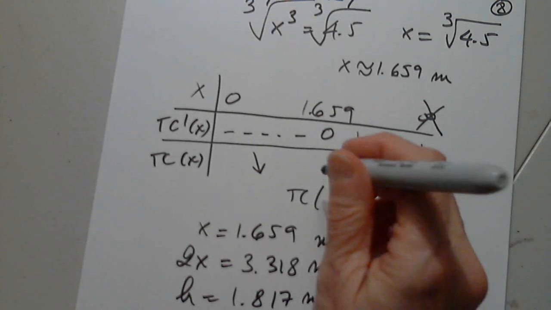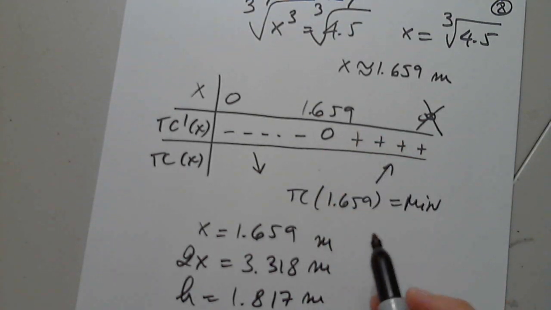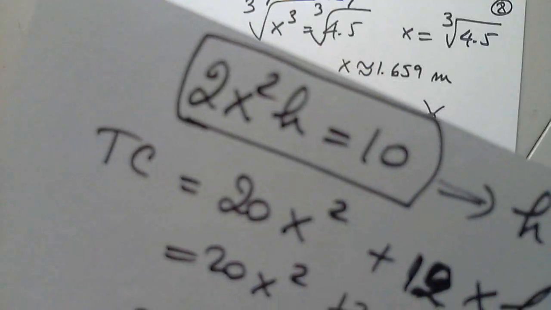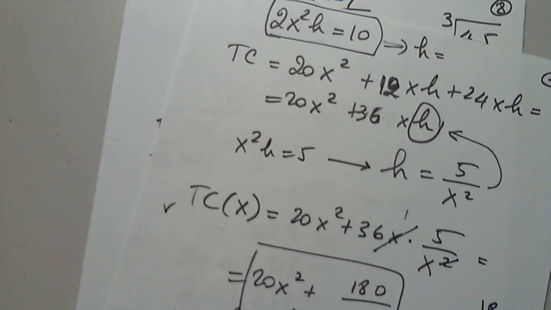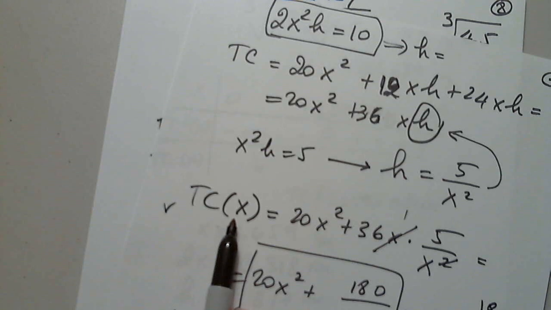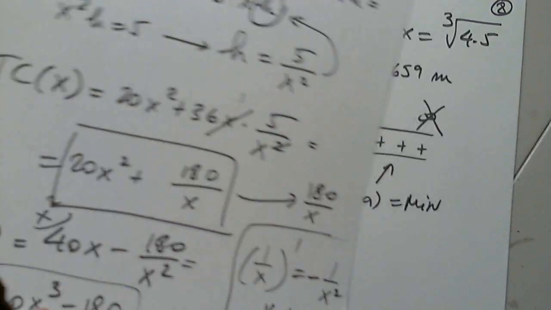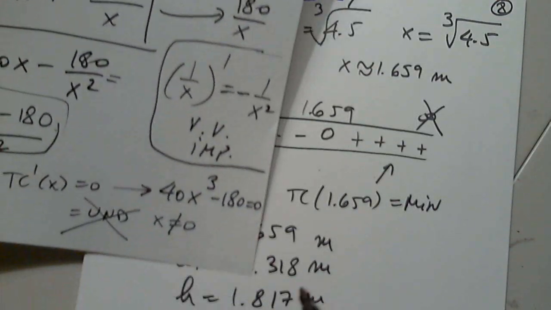Good. So now I have to find this. In the total cost, which is this function, I have to plug in 1.659.